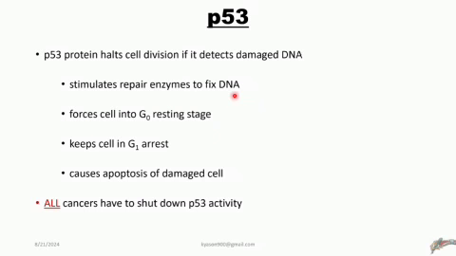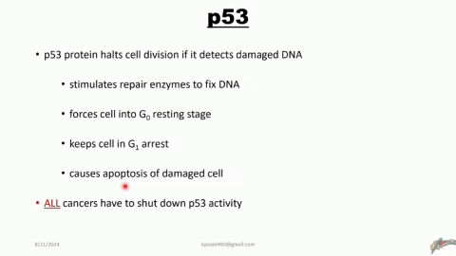If the damage can't be repaired, it will force the cell to either remain in the G1 phase or go and rest in the G0 phase. If the damage is severe, this protein will stimulate the process of apoptosis. Apoptosis is automatic cell death, and it will be induced by this protein if there is severe DNA damage that can't be fixed.